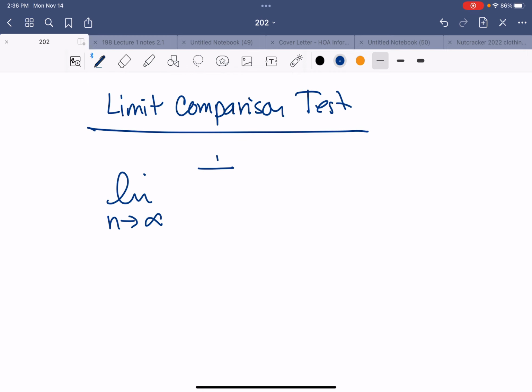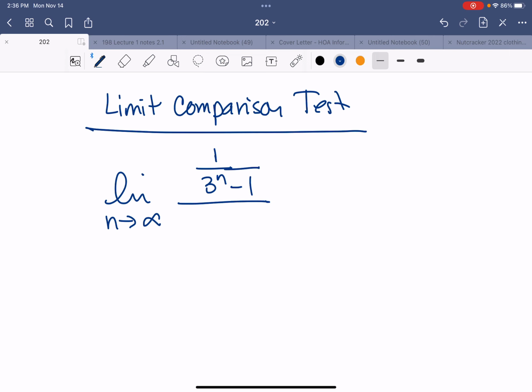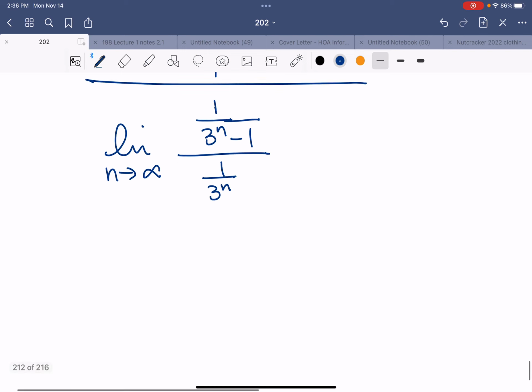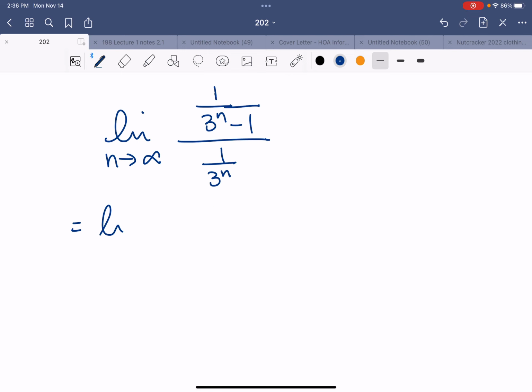So I'm going to put the 3n minus 1 on top, and 1 over 3 to the n on the bottom. So I want to look at this limit. Oh, actually, I might want it the other way.